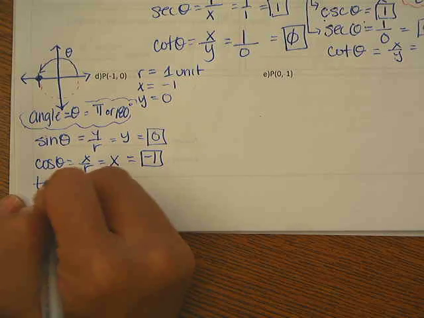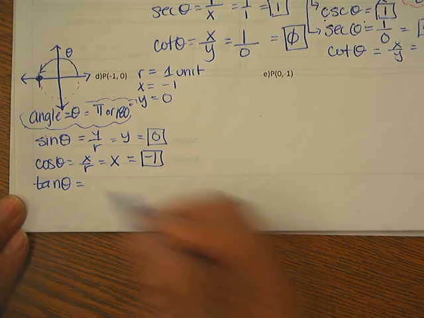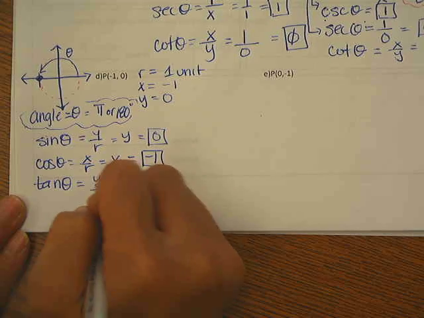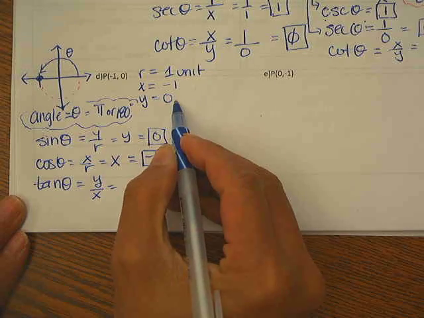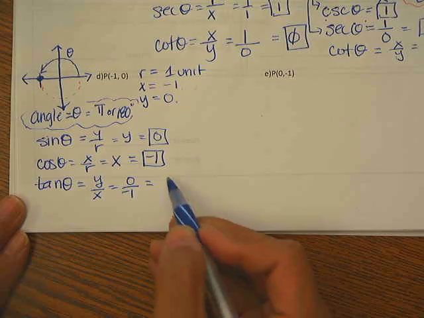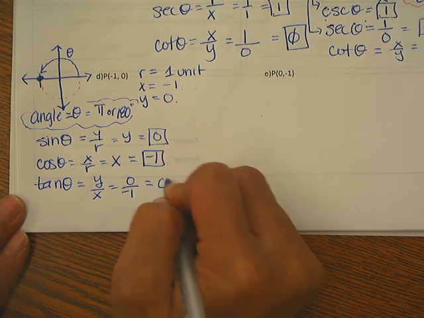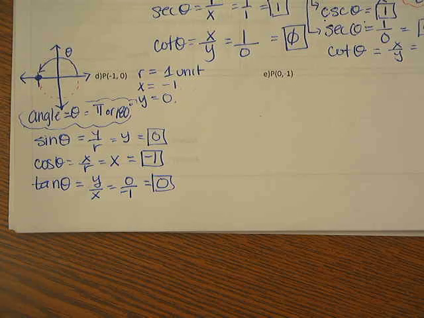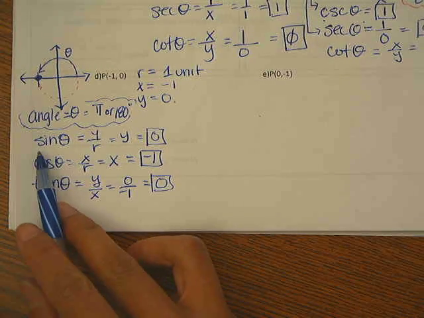Next is going to be tangent of theta equals y divided by x. Y happens to be 0. X happens to be -1. 0 divided by -1, it's okay. You can have 0 as an answer. Don't be scared. Next I'm going to do the reciprocal function of sine.